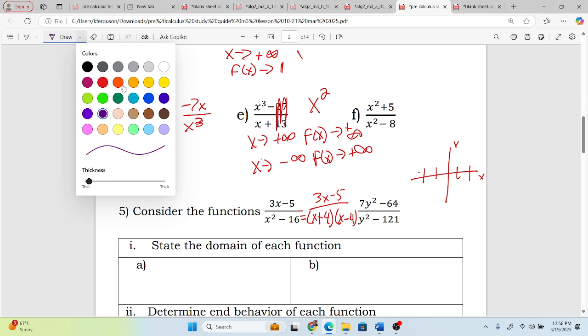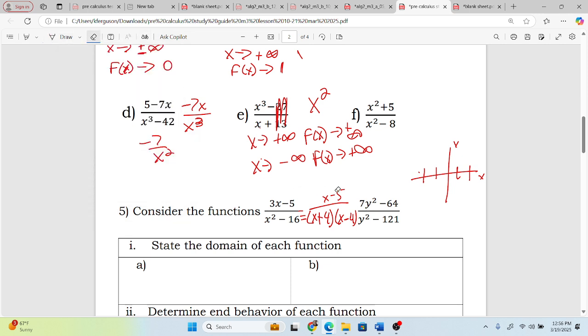Let's just say, for instance, that the top of this was x minus 4. So when I'm looking at asymptote lines and the top and the bottom cancel off, I don't count this one as my asymptote line. Does everybody understand what I'm saying? That's something weird about getting your asymptote lines because we just did domain and it said it don't matter if you do this, you still got to count that stuff.